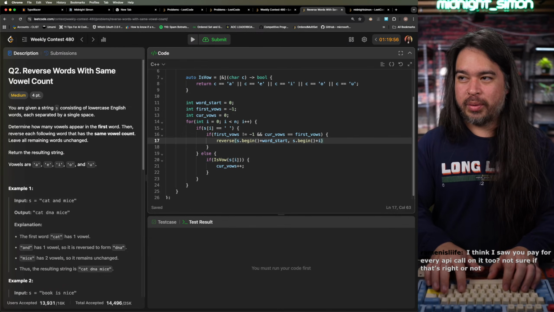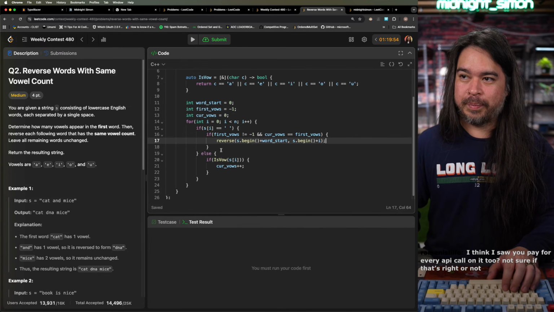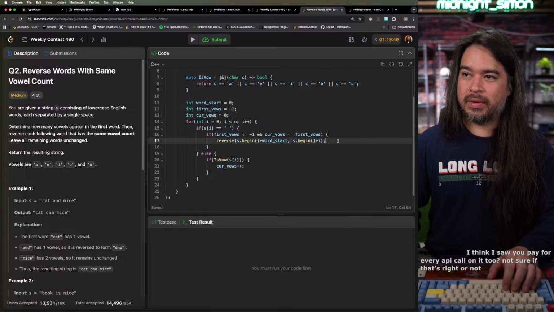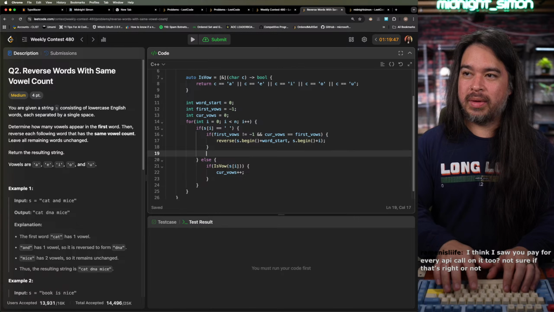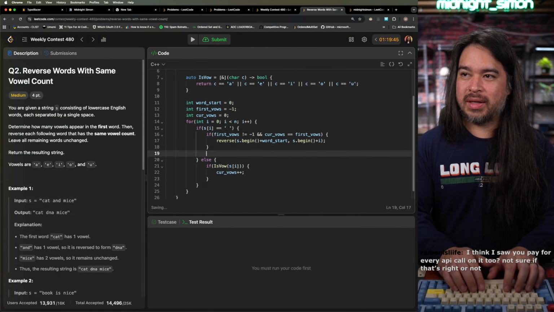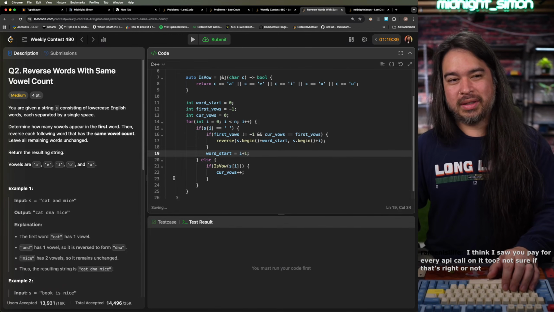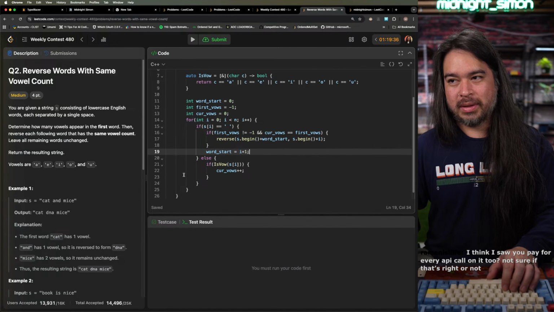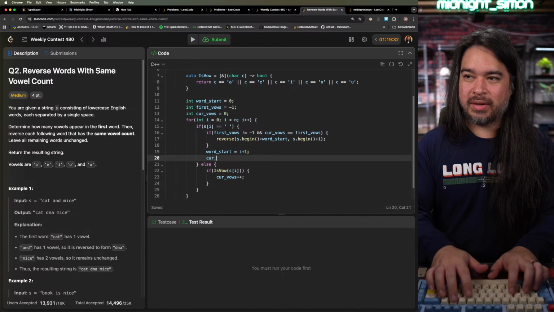This might be off by one, man, but we'll see. So we do that, and then maybe we can say word starts equal i plus 1. Let me think here. So we count the vowel if it is, and then we have to reset current vowels.